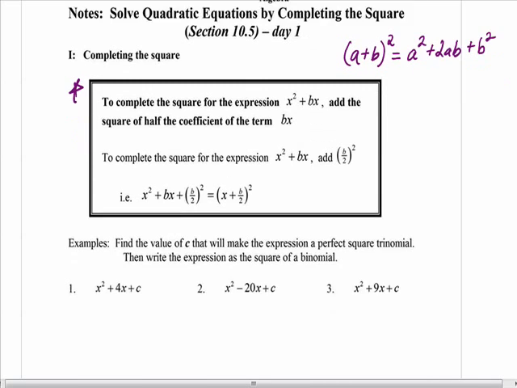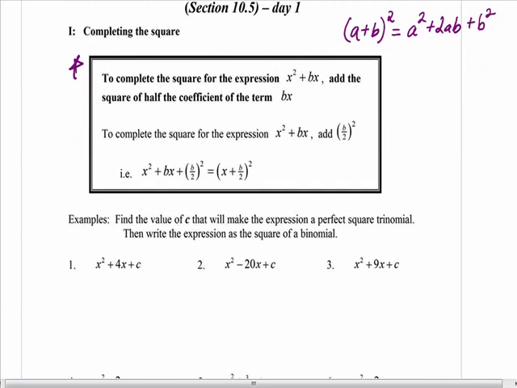So look at number 1. If we wanted to find the value of c that would make the expression a perfect square trinomial, what would we add? Michaela. Well, we want to take the coefficient of b, right?